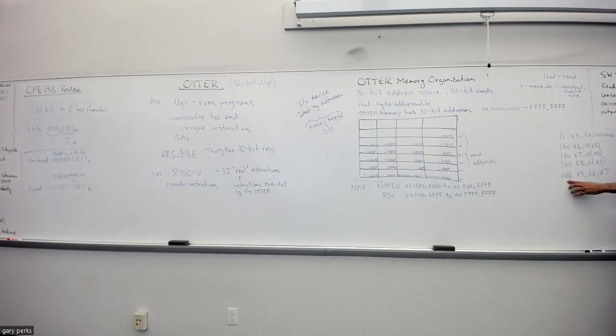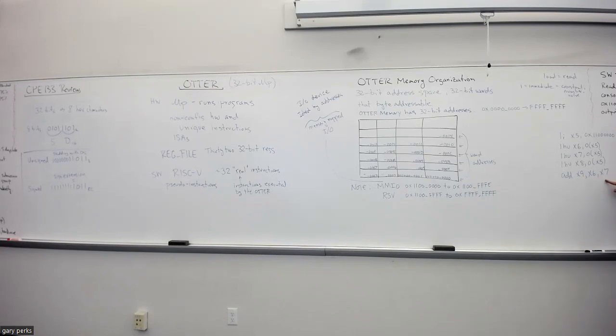What this add command does is take the contents of these 2 registers, add them together, and put the result in this register. So after this command, I'm going to have X6 contents plus X7 contents in register 9.